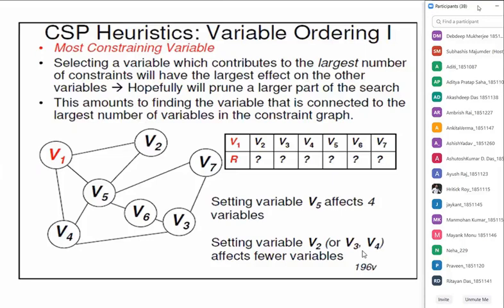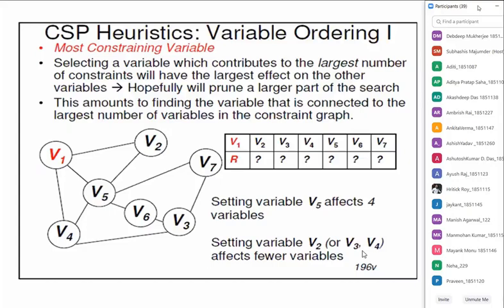Selecting a variable which contributes to the largest number of constraints will have the largest effect on the other variables. Hopefully, it will prune a larger part of the search. This amounts to finding the variable that is connected to the largest number of variables in the constraint graph.